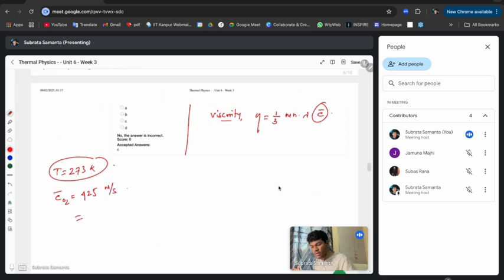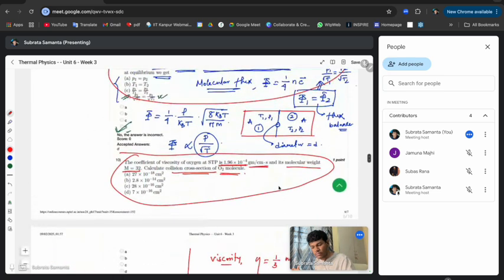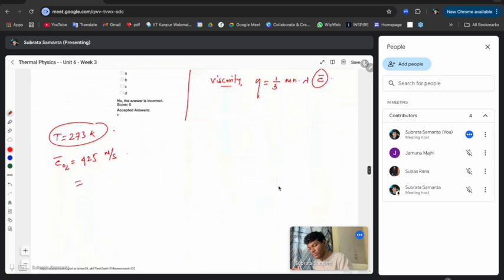Now in this case they are using CGS units, gram and centimeter. So I convert into centimeter. So 4.25 times 10 to the power 4 centimeter per second, right? Is it clear or not?